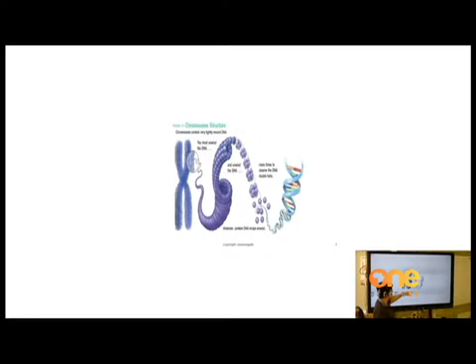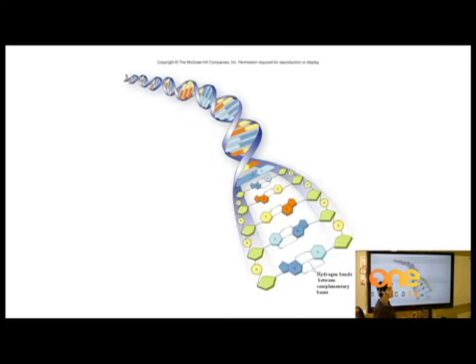And if I can get to the smallest piece of DNA, I see DNA is a double helix, and this double helix consists of a backbone with a pentose sugar and a phosphate group, which makes the backbone.